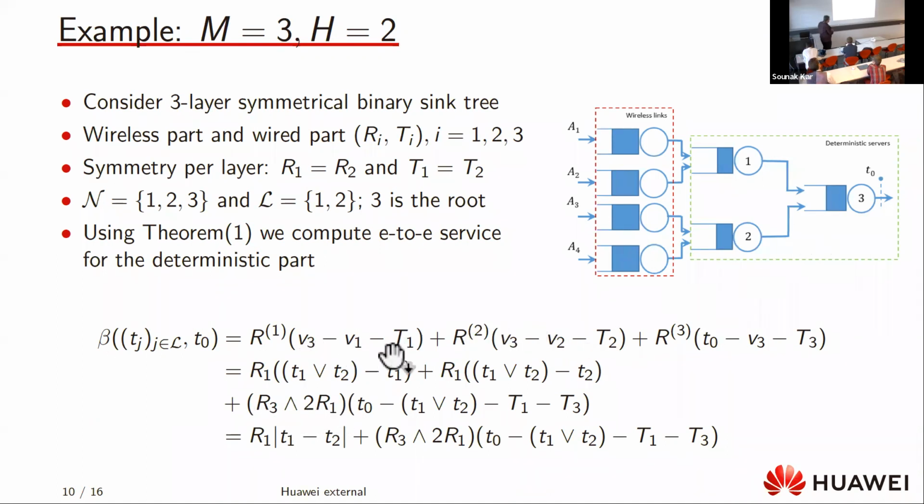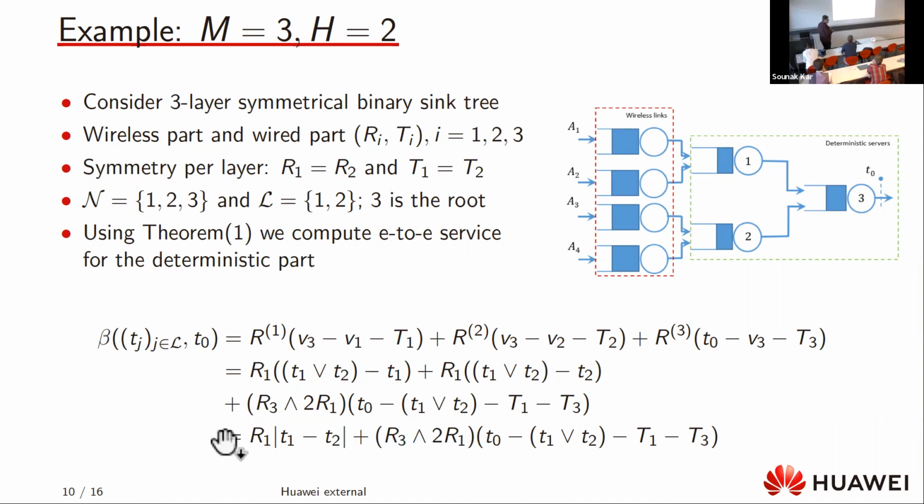For the time variables, we do the same thing as described. V_3 would be the maximum of T_1 and T_2, minus T_1 plus T_1, so T_1 cancels with T_1.